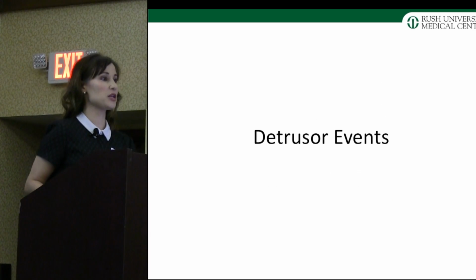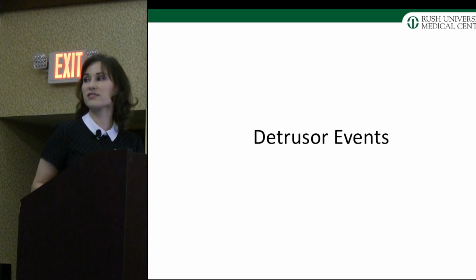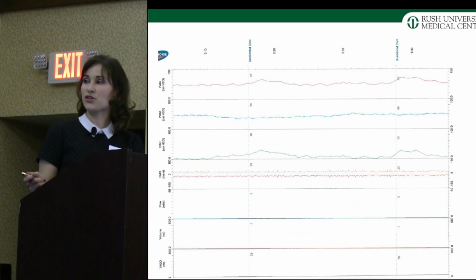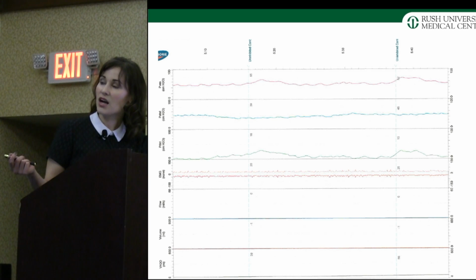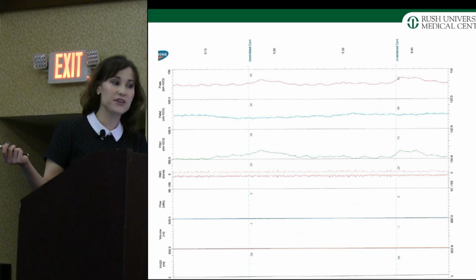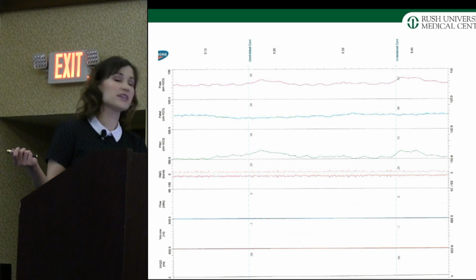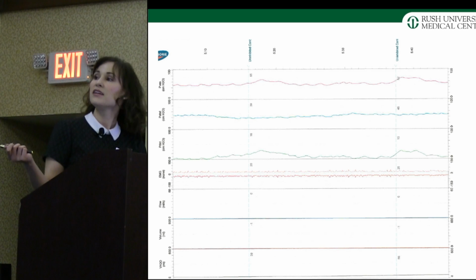Now we're going to talk a little bit about detrusor events. You can see here the blue is our abdominal catheter. The top one, the pink one, is your vesical catheter.